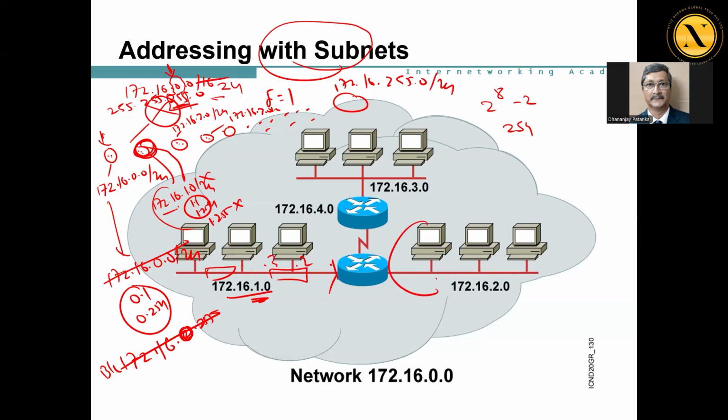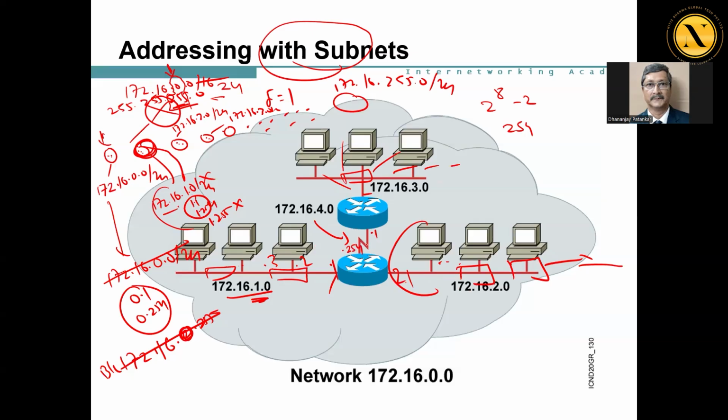Likewise, you go there and give 172.16.2.1, 2.2, 2.3, up to 2.254. Likewise, here you can give 172.16.3.1, 3.2, up to 3.254. And here you can give anyone 172.16.4.1 up to 4.254.